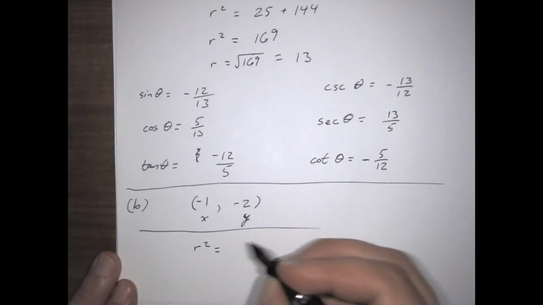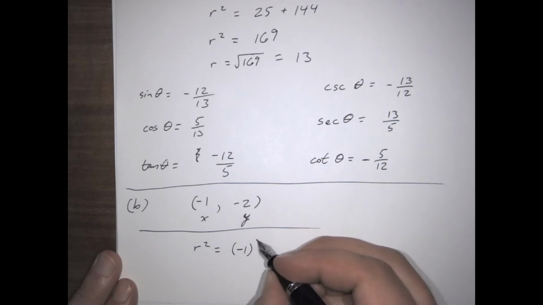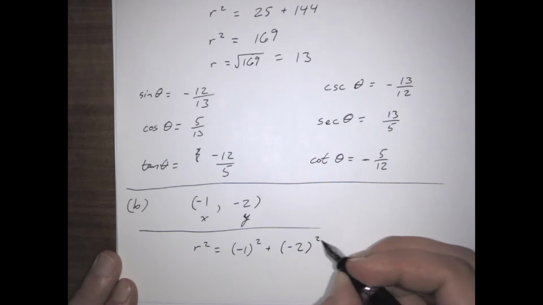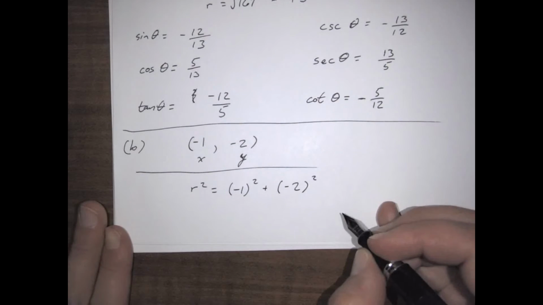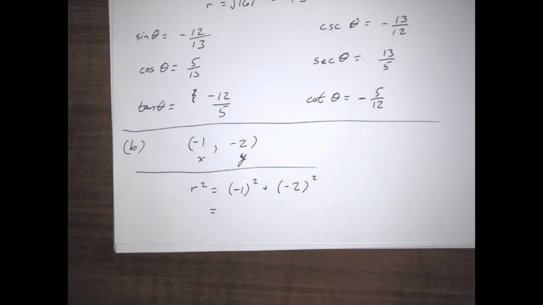So r squared is equal to negative 1 squared plus negative 2 squared. Just remember to be careful here with these negatives and these squares. These are all squares that contain negative numbers, so therefore the square will cancel the negative.